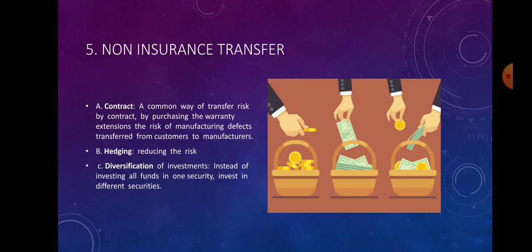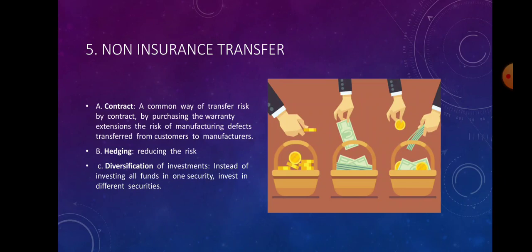Next, non-insurance transfer. We discussed risk transfer, where the insured person transfers the risk to a third party, that is, the insurance company. In return, he pays the premium, and after suffering a loss by fire or something, or if he is dead, he has to claim that amount. Here, non-insurance transfer is how we can transfer risk from one party to another without insurance. First is a normal contract.